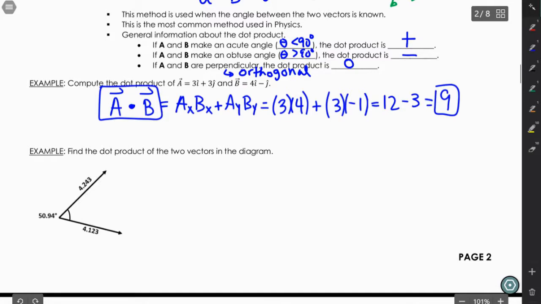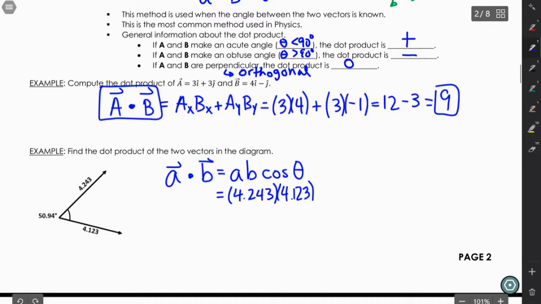So A dot B is AB cosine theta, which is 4.243 times 4.123 cosine 50.94.